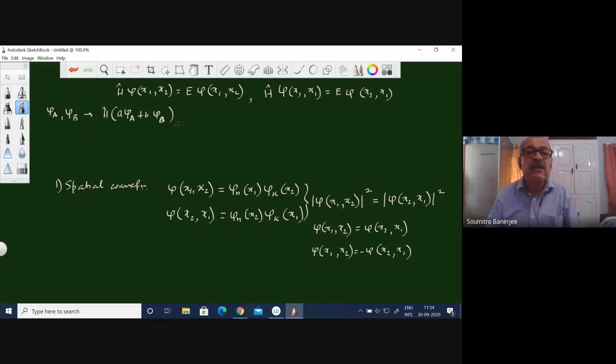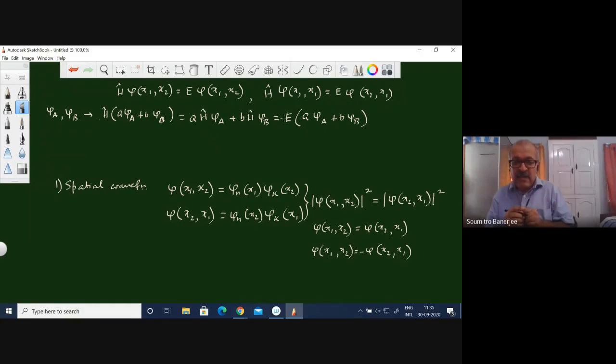If you write this way, then you can write A times Hamiltonian operating on psi A plus B times Hamiltonian operating on psi B is equal to, this will get E out, this will get E out, so E comes to the front, again it becomes E times A psi A plus B psi B. So you see that the whole thing becomes also another eigenfunction of the Hamiltonian operator with the same eigenvalue.